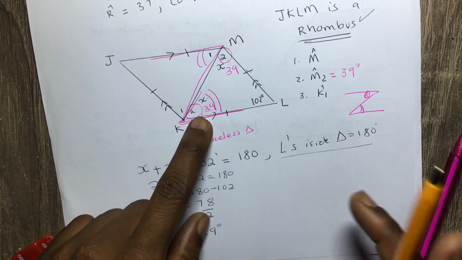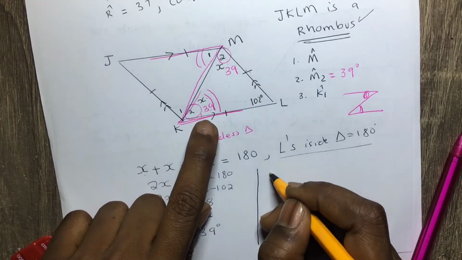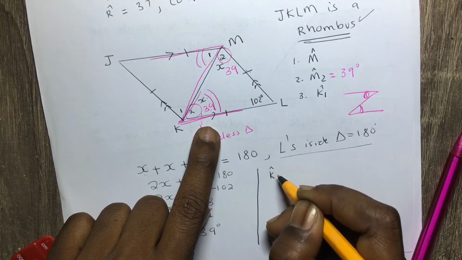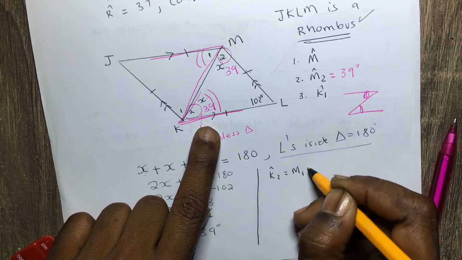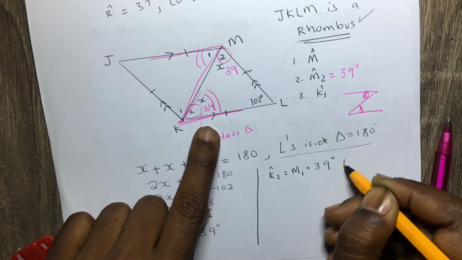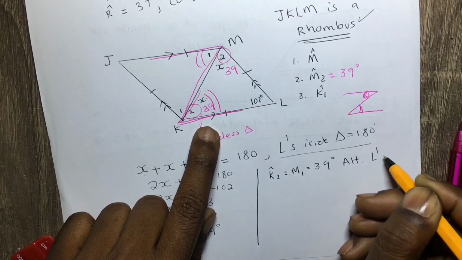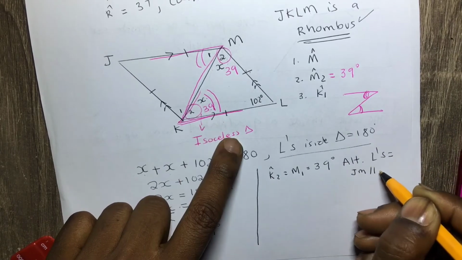So if this is 39, this will also be 39. So how am I going to write it? Let me write it here. I'm going to say angle K2 is the same as M1 because what? It's 39 degrees because of alternating angles are equal because JM is parallel to KL.